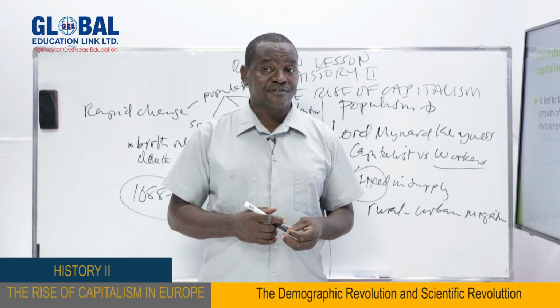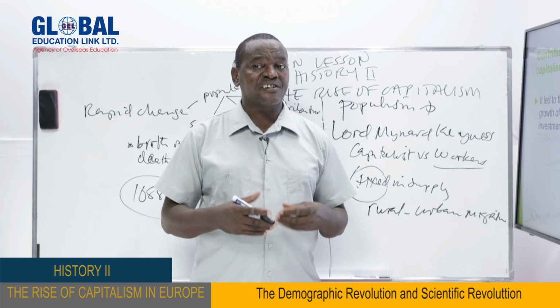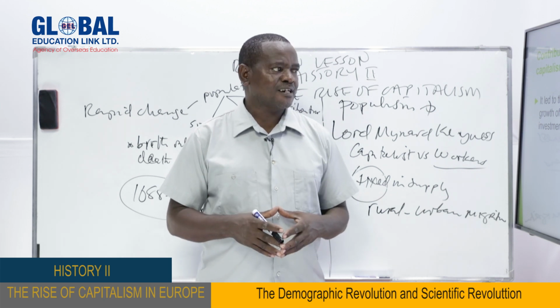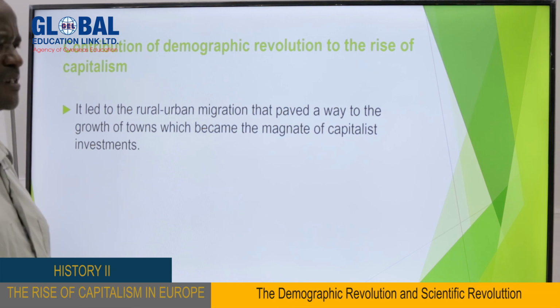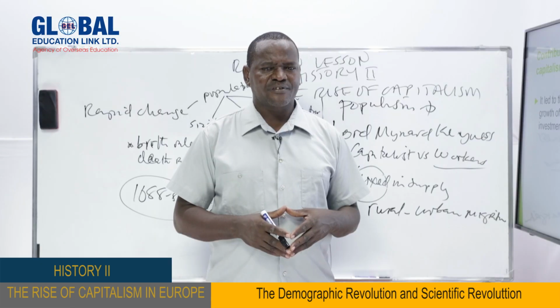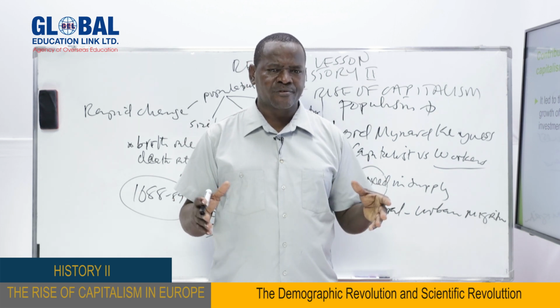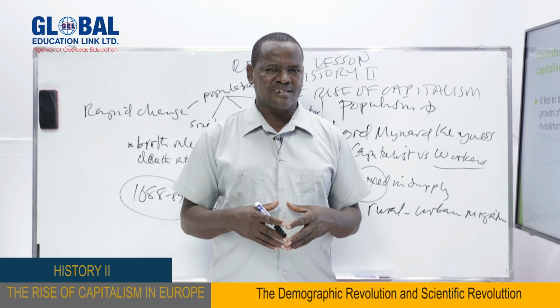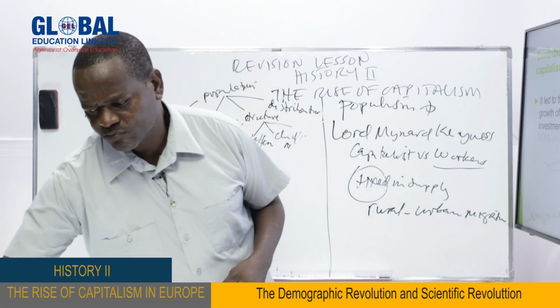For that reason, they were able to reinvest the capital which they had generated because of the growth of towns. So rural-urban migration is one of the very important contributions of the demographic revolution to the rise of capitalism, where the urban centers grew and became the centers of capitalist investment and so on.